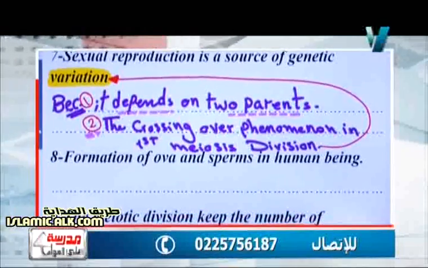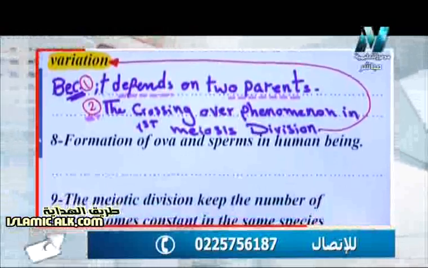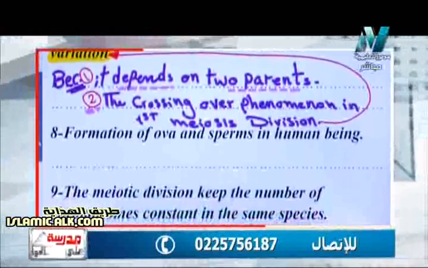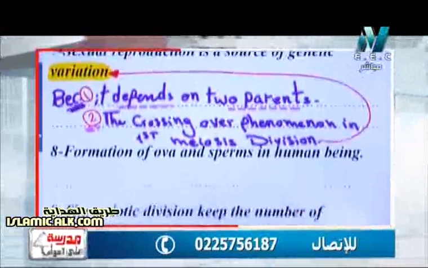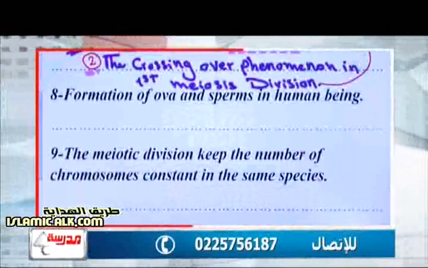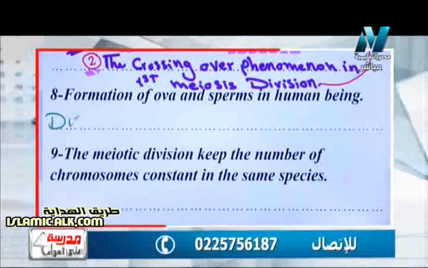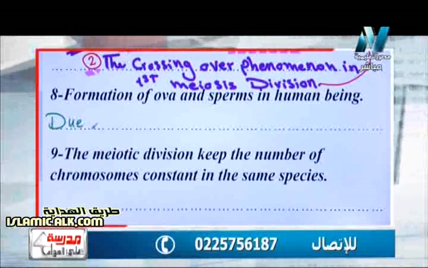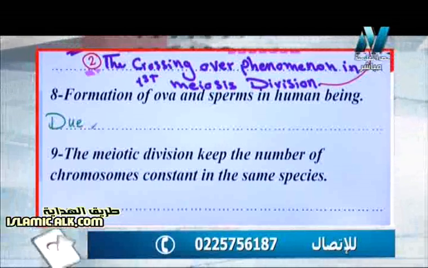Number 8, formation of ova and sperms in human being. طبعا هنا give reason for formation of ova and sperms in human being. طبعا هقول له due to, we studied before in second prep and in third prep. خدناها في تانية اعدادي وثالثة اعدادي.